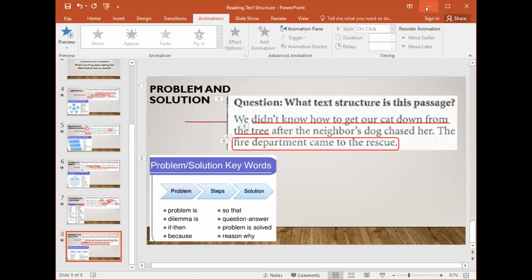So you have to be able to tell from reading the story exactly what's going on. So these blue boxes tell you about how you can use these different text structures. The second page is your worksheet. So you have chronological, sequence, cause and effect, problem and solution, compare and contrast.